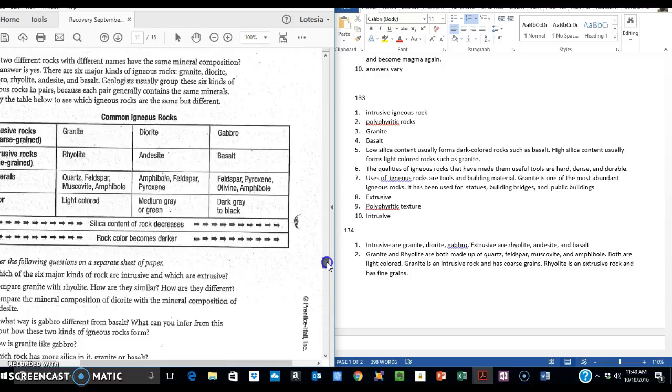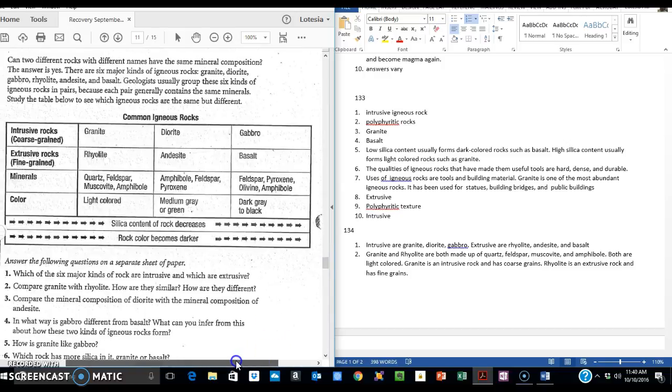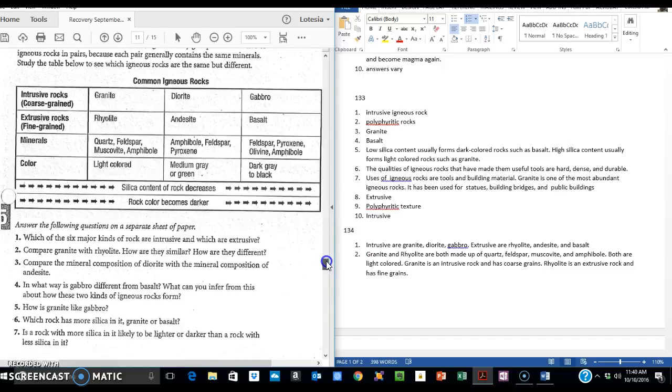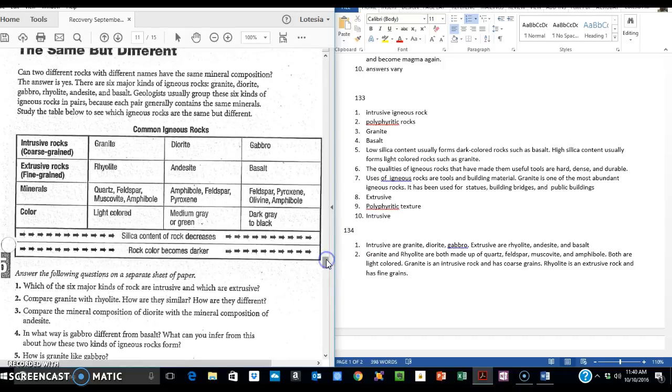Last sheet. This is page 133. Every answer that you needed for this particular one was either going to come from the passage or this chart that is provided for you. So it's asking you to look at this chart and then answer the questions below. Notice that the intrusive rocks have coarse grains, and the 3 types are here.